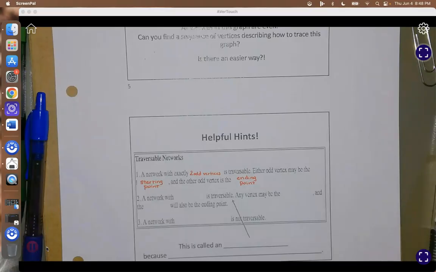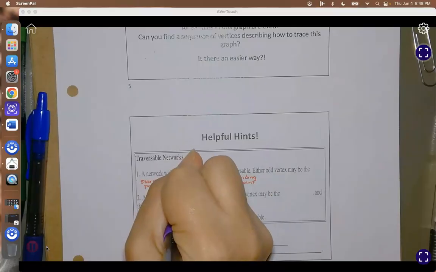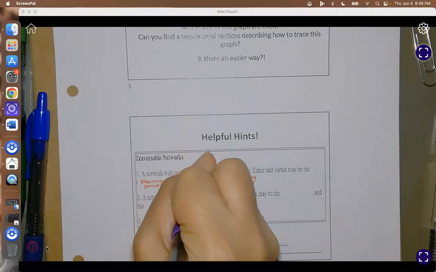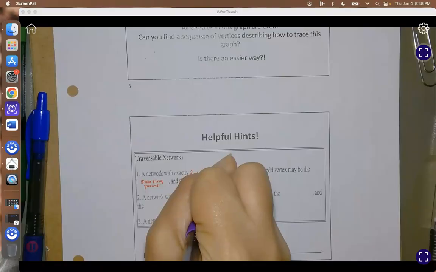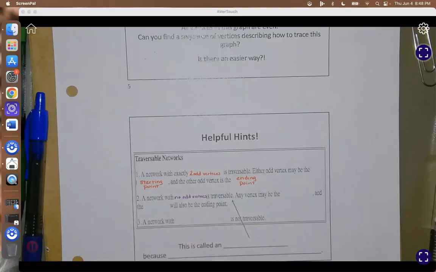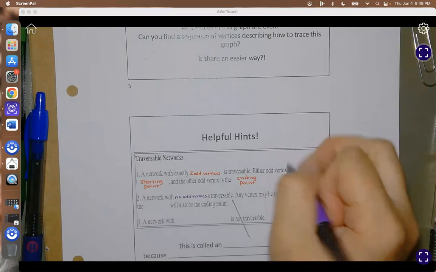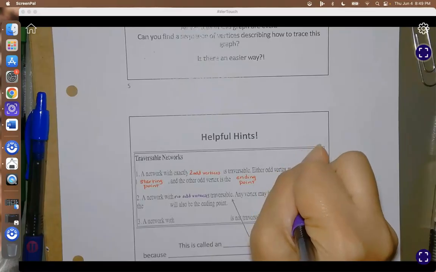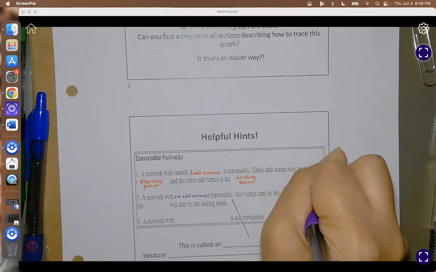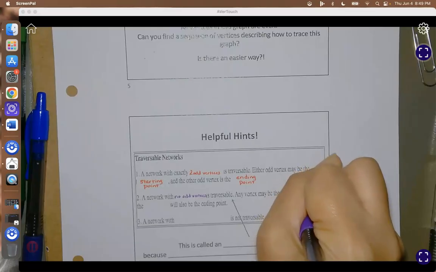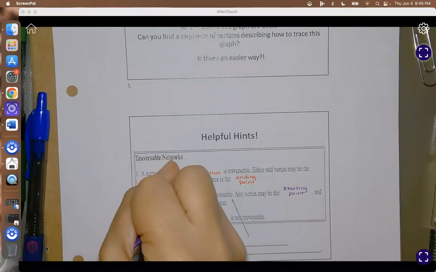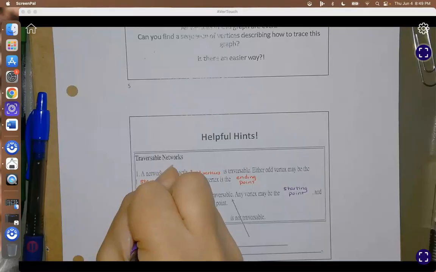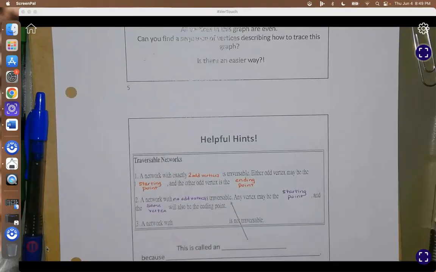Now if you have no odd vertices, you can pick any vertex as your starting point, and the same vertex will be your ending point. So just start and finish at the same spot if you don't have any odds.